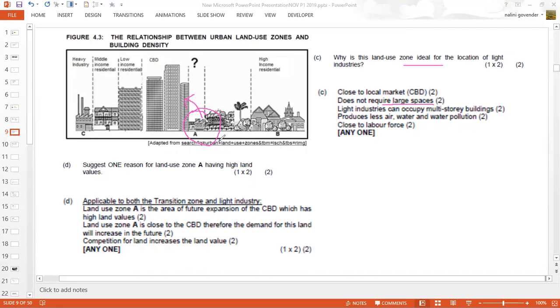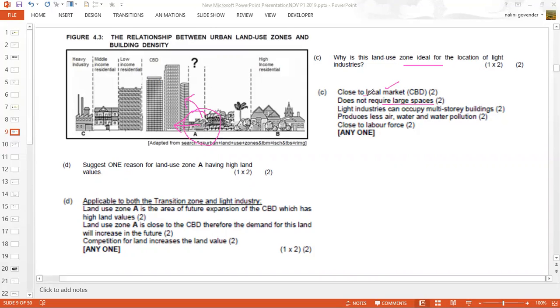Perhaps the items are perishable, which means they don't last too long, and you want to sell this stuff to people in the CBD in a fresh state. By being close here, you're now saving on transport cost. Traveling time and traveling distance are now going to be minimal. It's close to its local market.